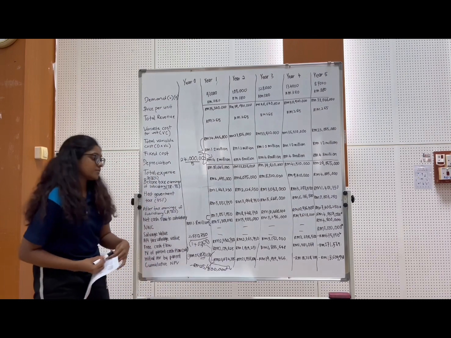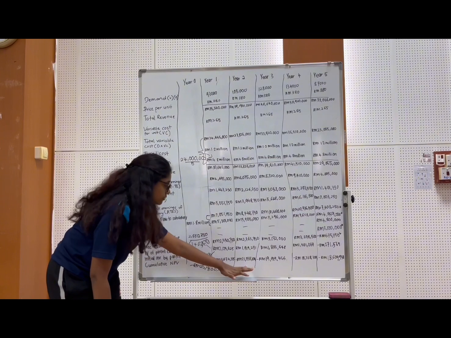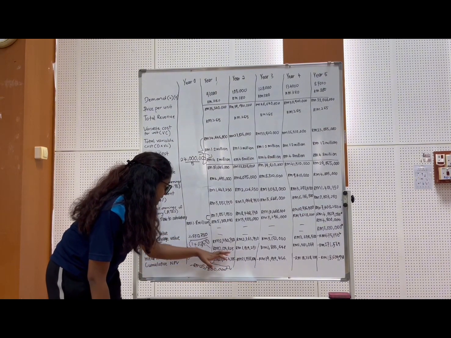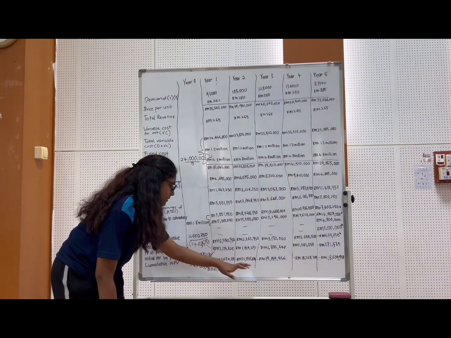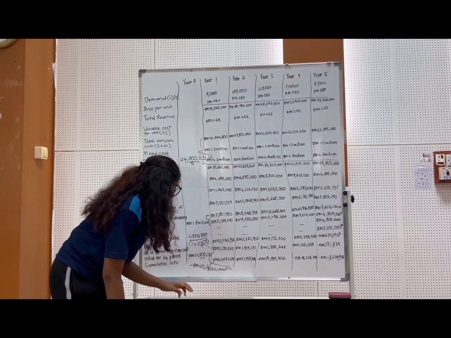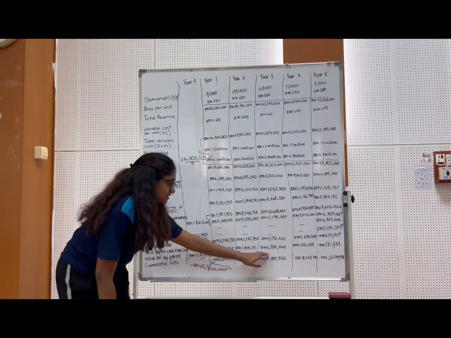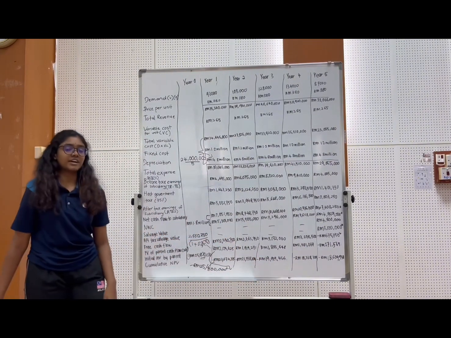Repeat the same step for the rest of the years. For year 2, we do the same thing: negative 25,800 plus this and plus this. We will get this answer. Same steps, negative 25,800 plus this, plus this, plus this. We will get this answer. Same steps for year 4 and year 5.